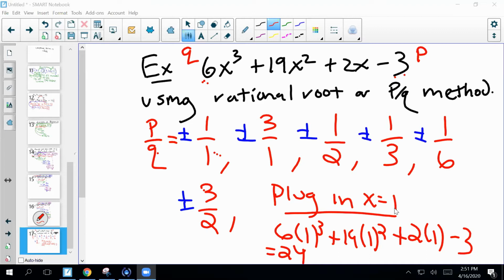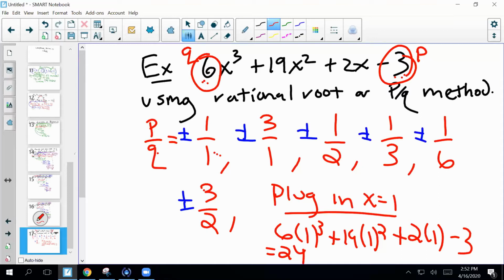So we have this problem, this thing we want to factor, and the first step is to find possible rational roots. So things like 1/1, 3/1, 1/2, 1/3. And the top of the numbers are coming from the p-value, and the bottom of the numbers are coming from the q-value. And just every combination that divides into those.